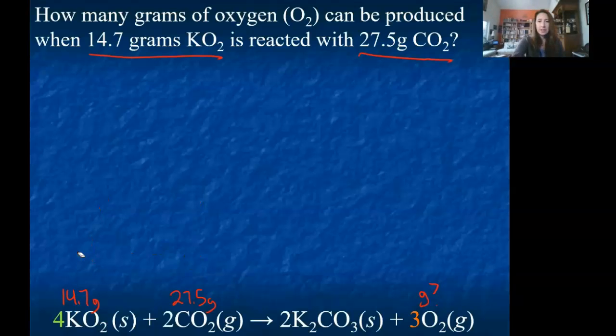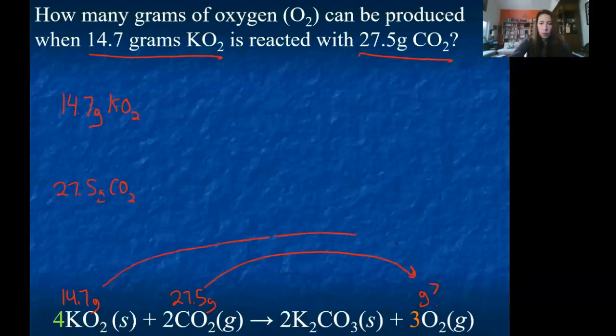So now, when you set these up again, you're going to have two problems. By the way, if you can do this faster than me, go ahead and type your answer in the chat. So we're going to have KO2, and then we have CO2. We're going to convert both of these to grams of oxygen.